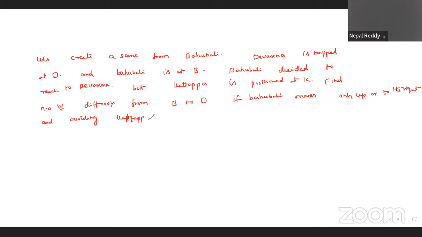This is the question, and the tabular form is given in this way.